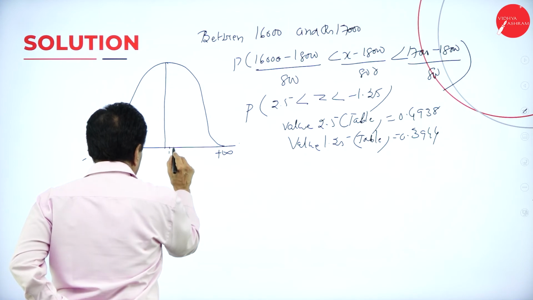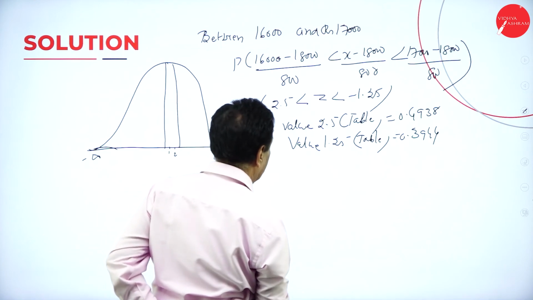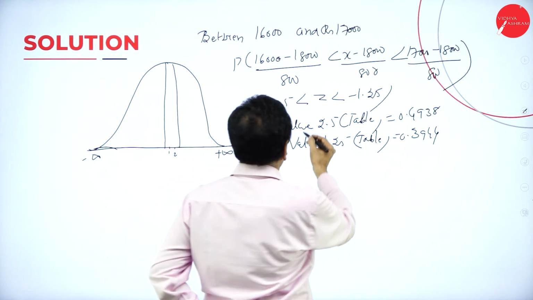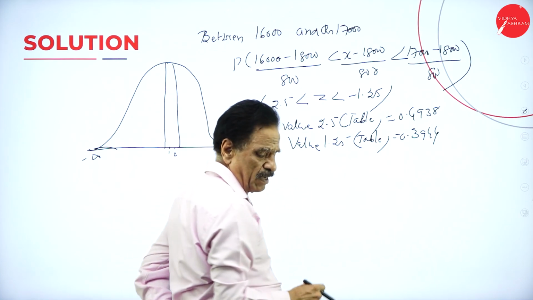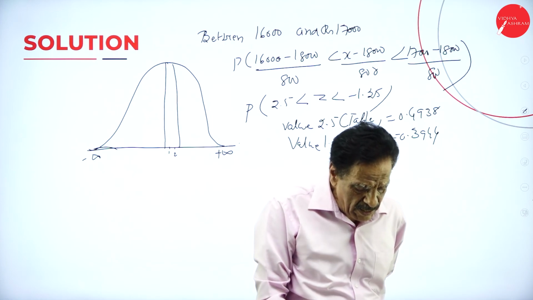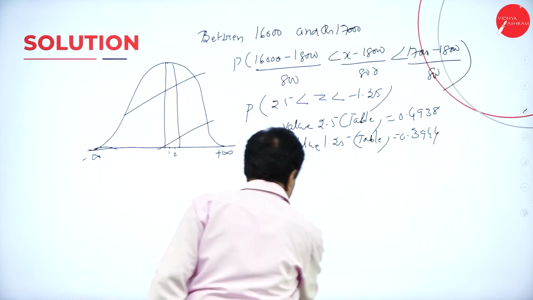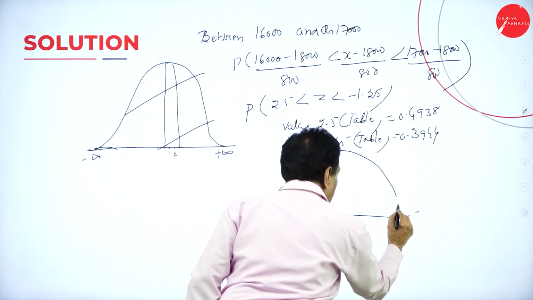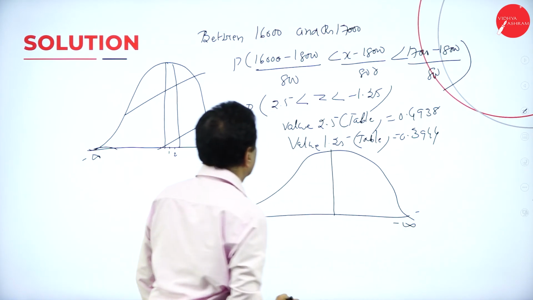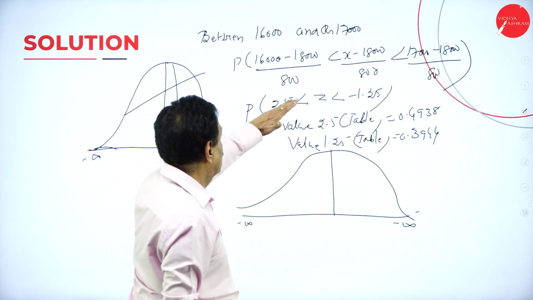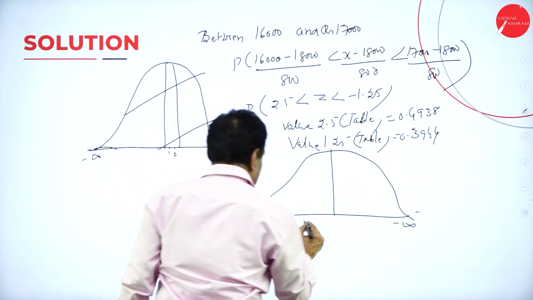Then 16,000 and 18,000 is here. 16,000 minus 18,000 is 2,000, which means minus 2.5.